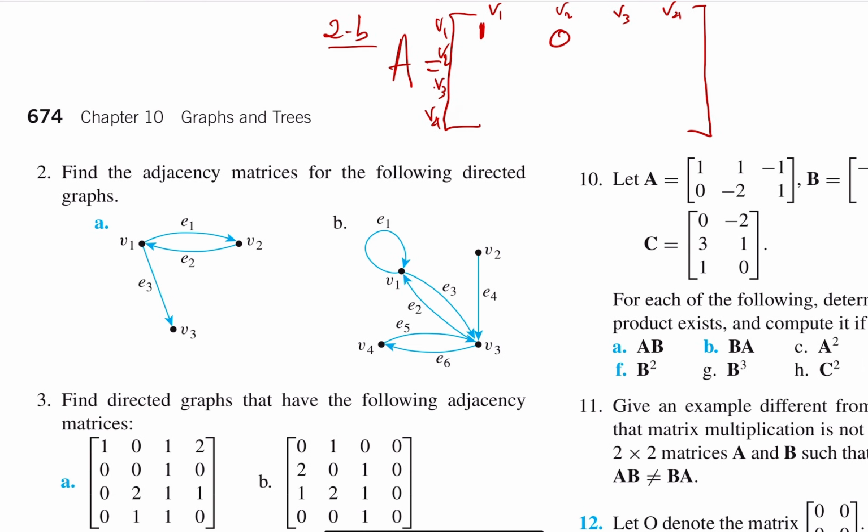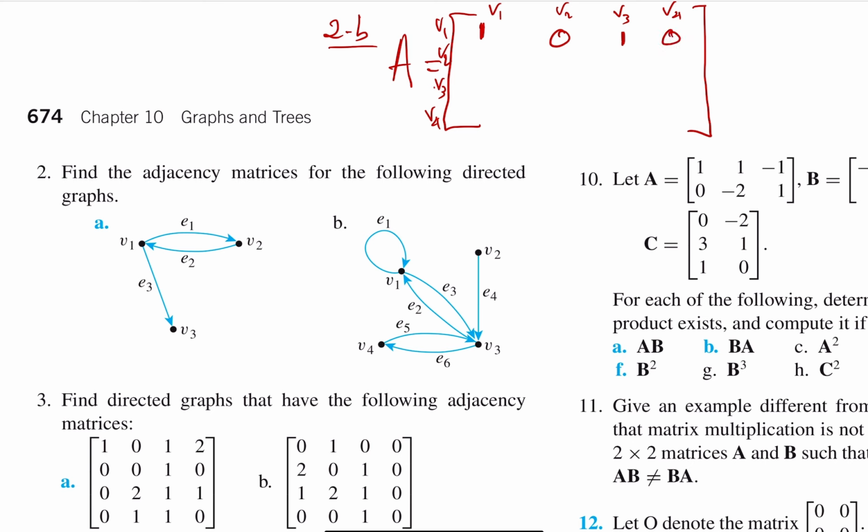V1, V3, we have one arrow going in the direction V1, V3. We have only one. Now V1, V4, we have no arrow going in that direction, it is 0.